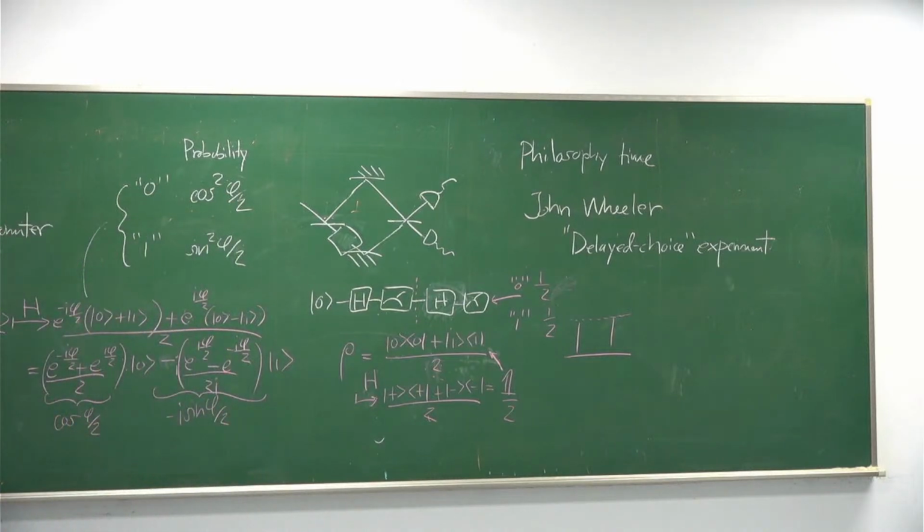Here too, that I already erased, there are only 2 points, right? But the probabilities will depend continuously on the phase phi. One of them is cosine squared, another one is sine squared.